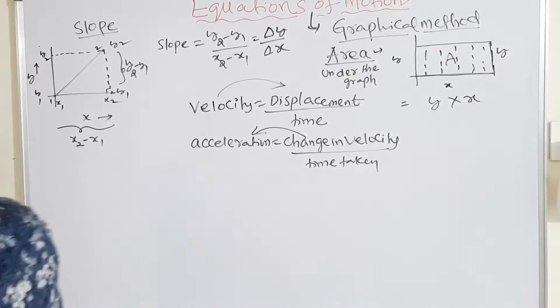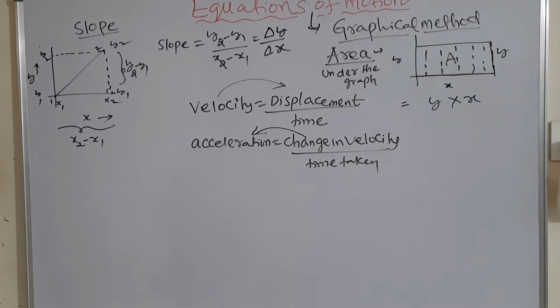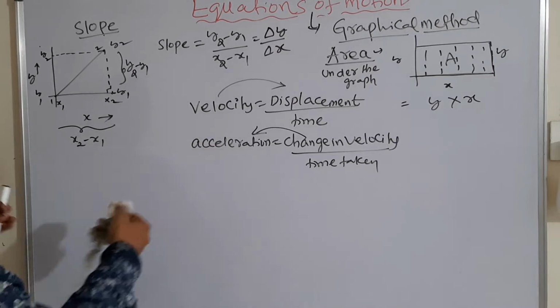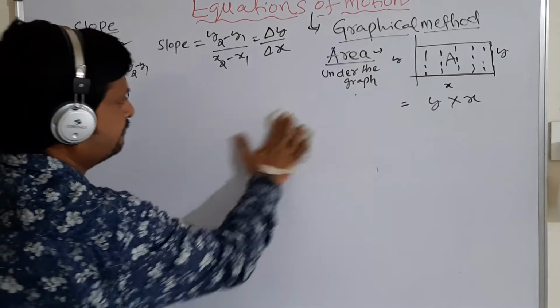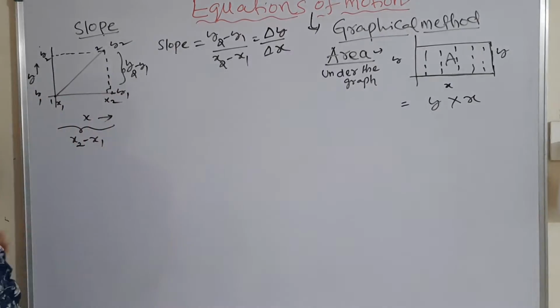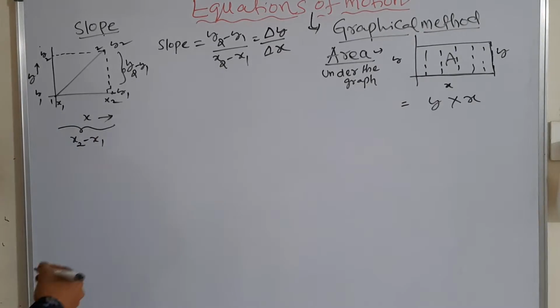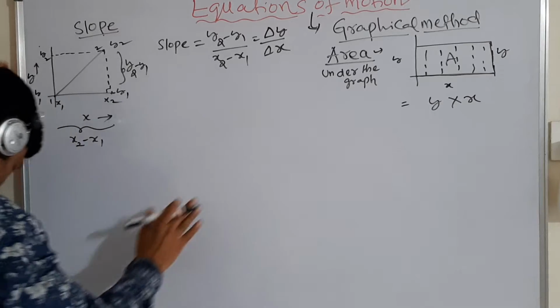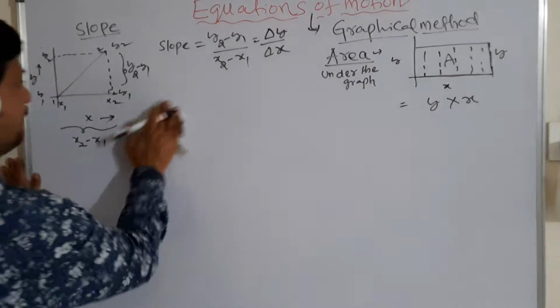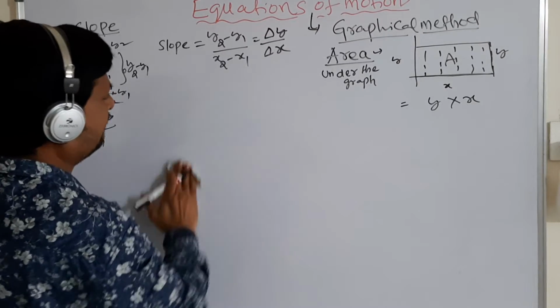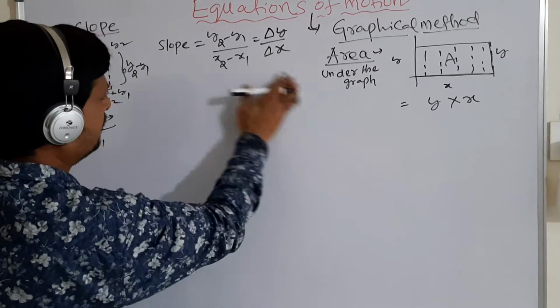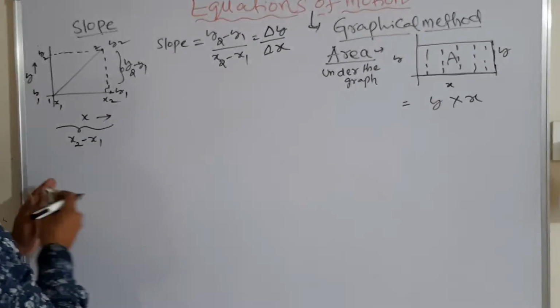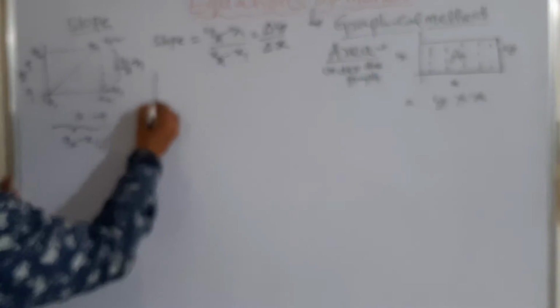I hope the students the concept is clear. Right, now see here. So draw velocity time graph. See here I am drawing velocity time graph. Right, see here.